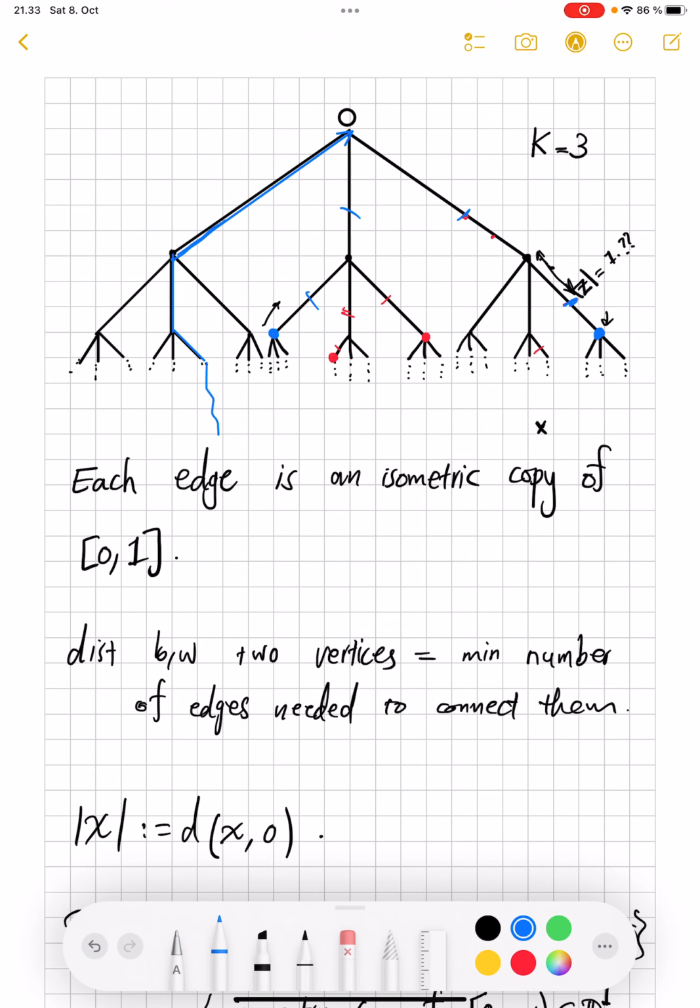And because this process doesn't have to stop, you can always continue. Therefore, you get a copy of 0 to infinity inside your space X. Any such isometric copy is just a point in the boundary. So a point in the boundary is nothing other than an infinite geodesic starting at 0.